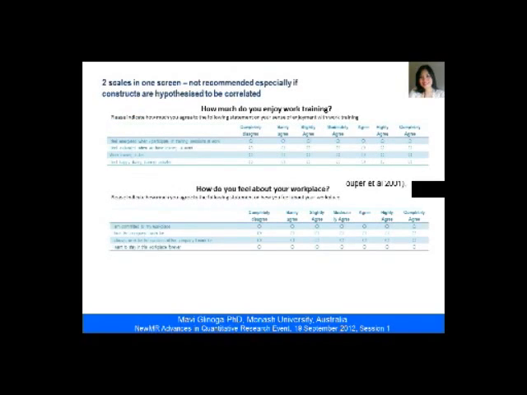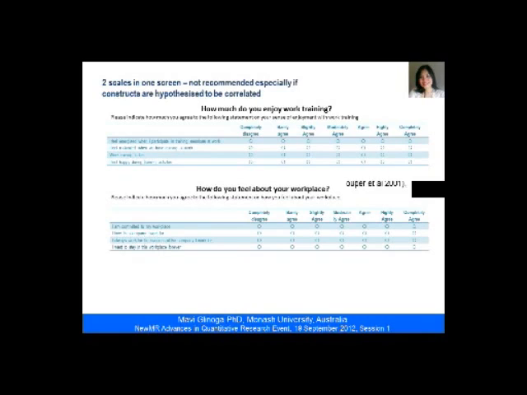Okay, I'll give you an example of what I mean by this illusory bias or correlational bias in online research. So here we have two scales in one screen. Earlier on we hypothesized that the higher the enjoyment in work training, such as attending a webinar like this, the more workplace loyalty there is.